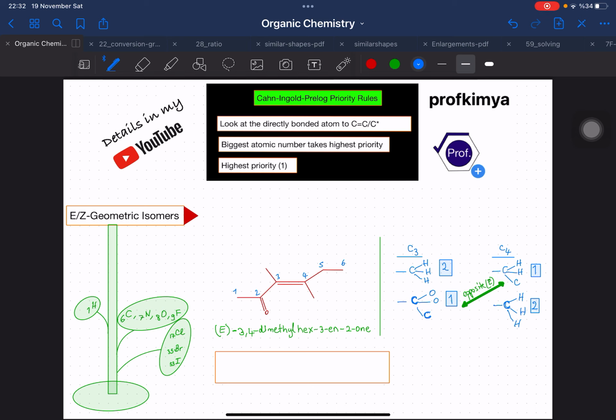Let me just put these priorities. This C4 has ethyl group and methyl group. As you can see, ethyl group has the highest priority, which we call this number 1. Methyl group has the lowest priority.